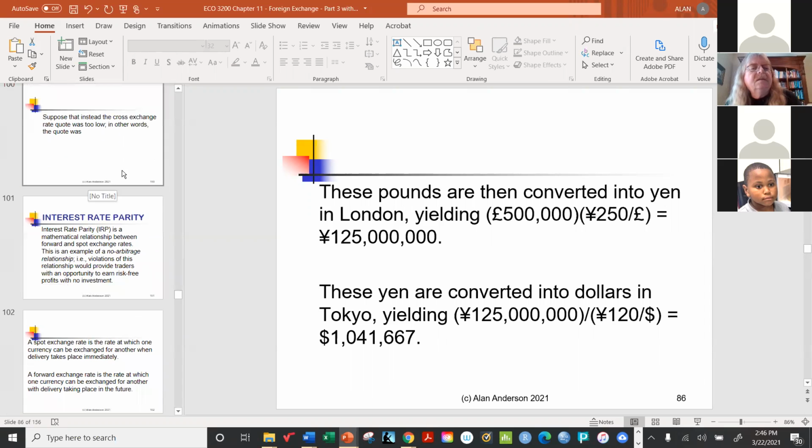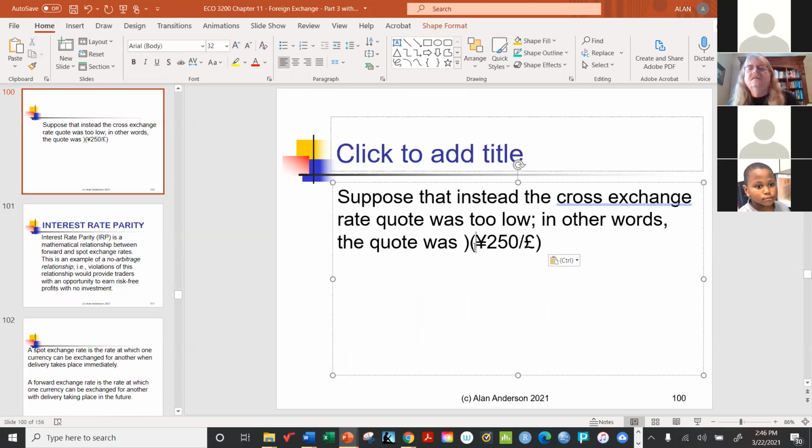When the correct value was 240, we already saw that.